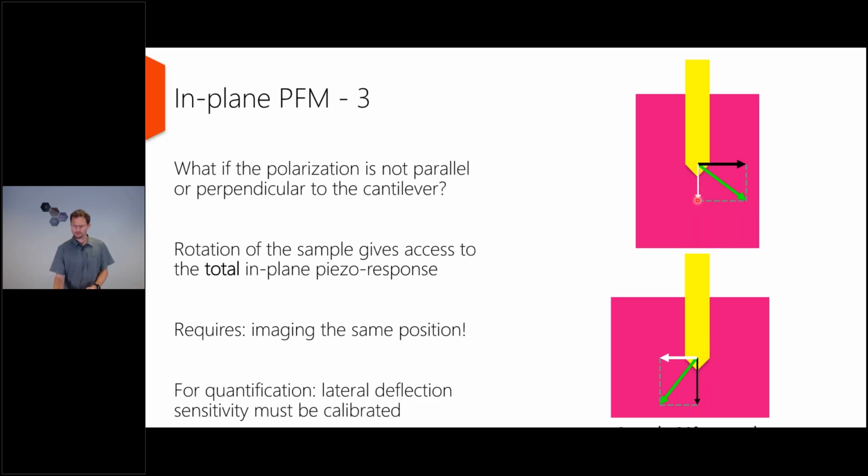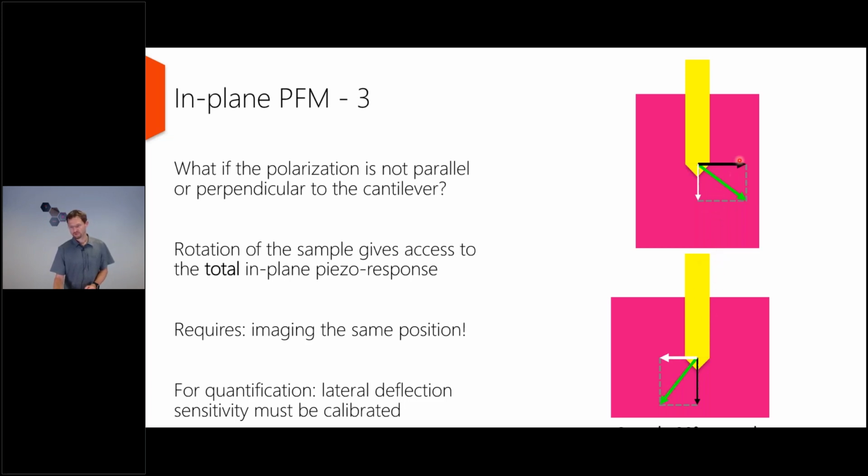And what is here parallel to the cantilever is suddenly perpendicular to the cantilever when you rotate the sample. The advantage of this is that the signal perpendicular to the cantilever can be detected by the lateral deflection and is not intermixing with the vertical deflection.